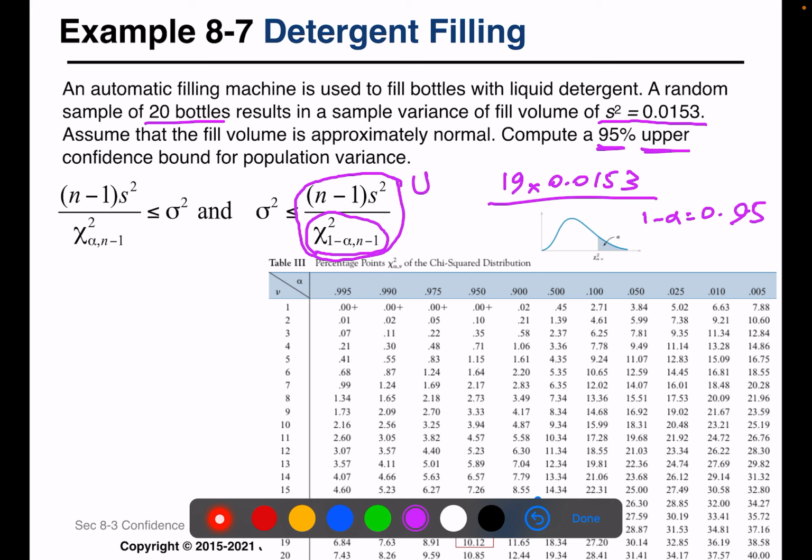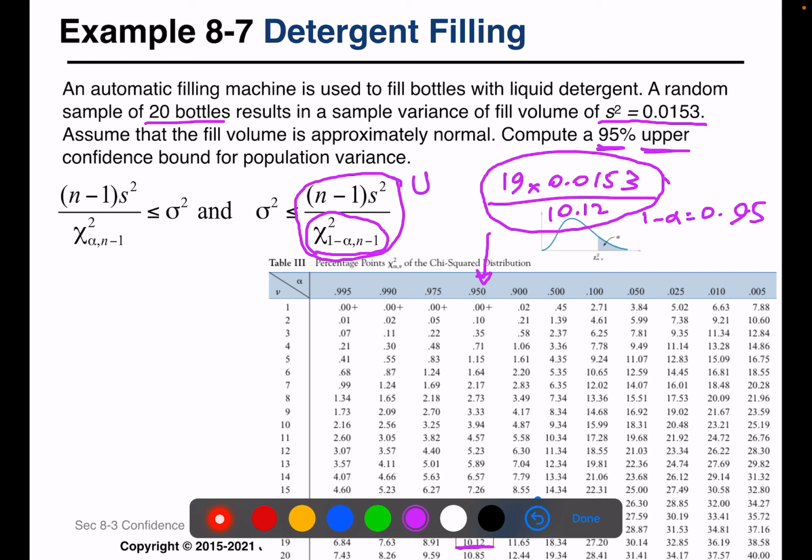So we look at the table at 95 here, and then n minus 1 is 19. The number that we get is down here, 10.12, right? So divided by 10.12. That's the final answer.